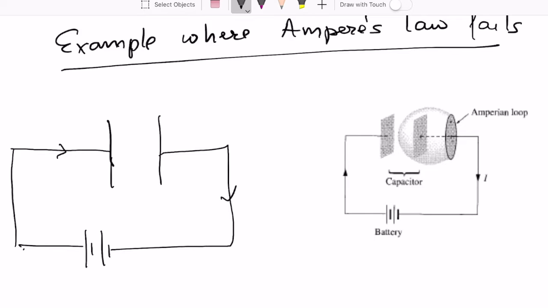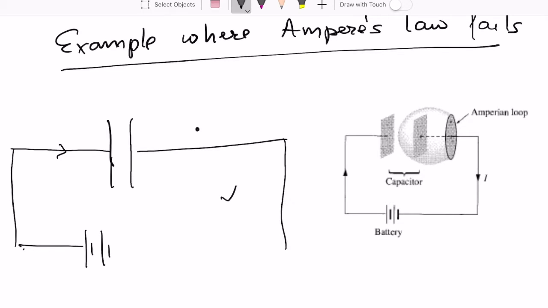Let's say that we want to find out what the magnetic field is at this point. And let us just assume that this stretch of wire is pretty long, right? I could probably make it a little longer. I want to find out what is the magnetic field somewhere over here, right?